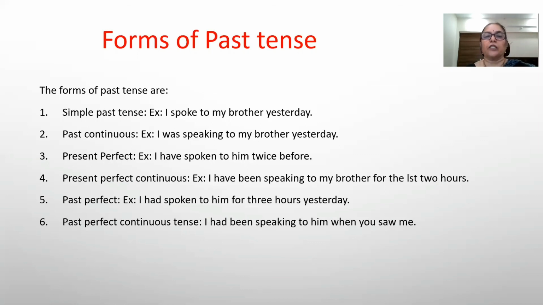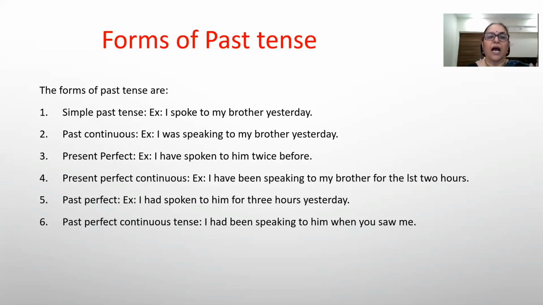I have spoken to him twice before. Actions were completed, and here we are using present perfect tense. And present perfect continuous tense, example, I have been speaking to my brother for the last 2 hours. Action completed. Even then we continued for some more time in the past. But you are using present tense because that happened recently and the effect is there even now.